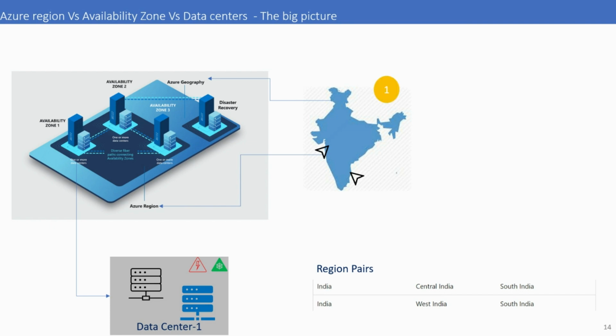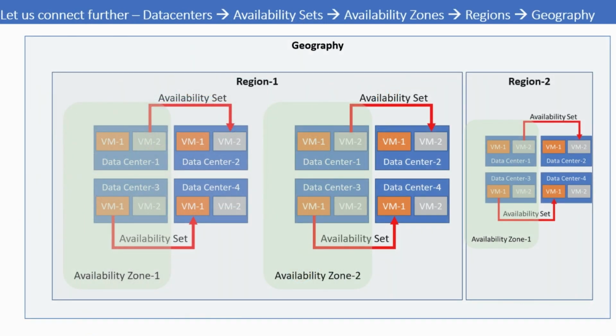Let us try to understand more on this concept. If you look here, we are going to connect data center with availability set, then availability zone, then region, and then geography. The lowest part is the data center, which will house multiple servers. Every server can have hypervisor software using which multiple VMs are created. They can be used to host your application, your web services, your data storage, and many more.